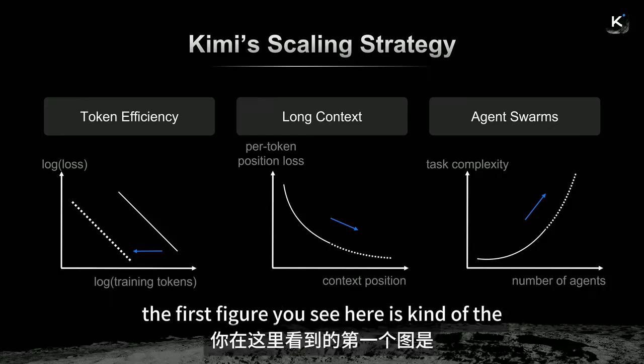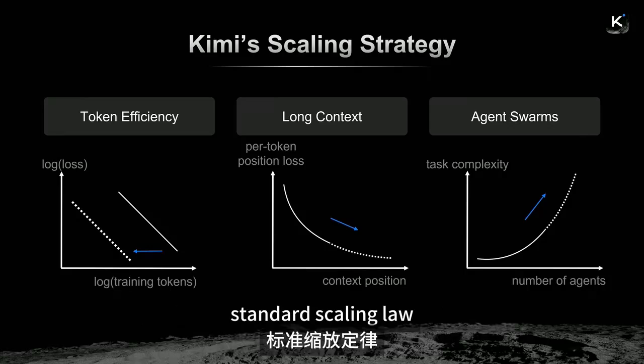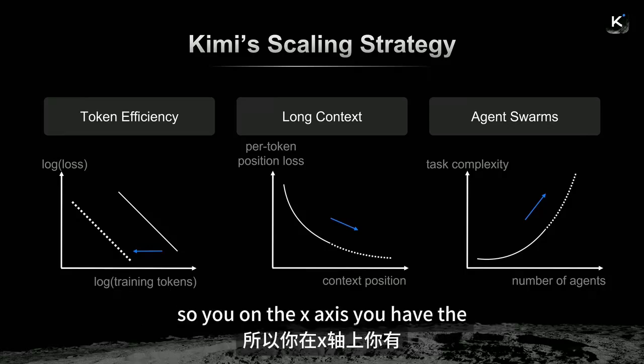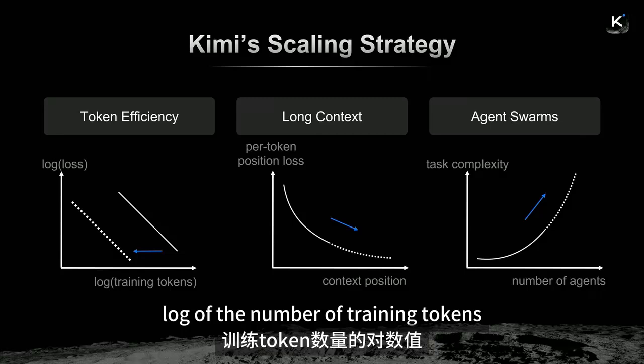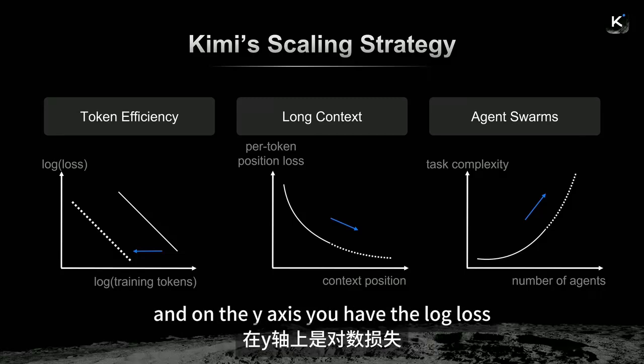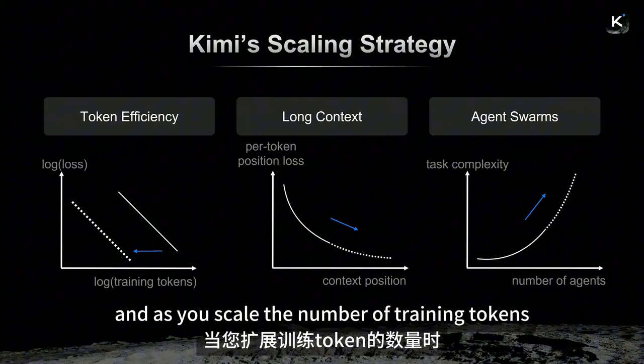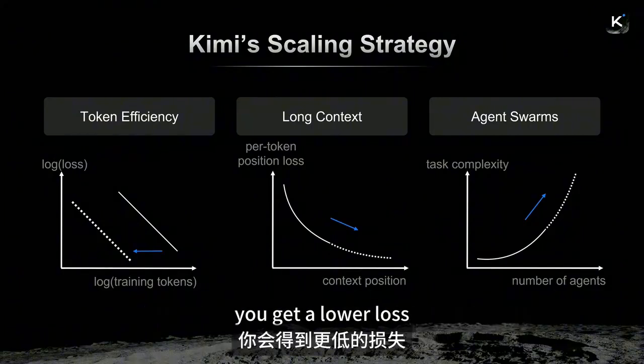So on the left-hand side, the first figure you see here is the standard scaling law. On the x-axis, you have the log of the number of training tokens, and on the y-axis, you have the log loss. And as you scale the number of training tokens, you get a lower loss.